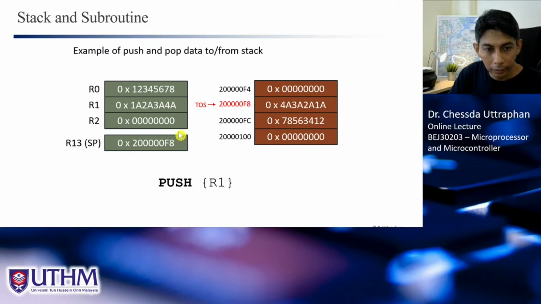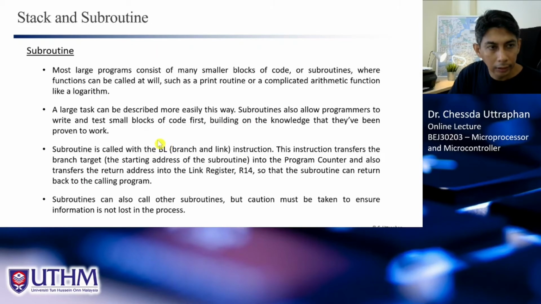So now go to the next, which is the subroutine. So what is a subroutine? A subroutine is again the way we write the program so that we can create a subprogram in our program, and we can use that subprogram many times, just like you have a function in C programming where you can use that function as many times as you want, right?